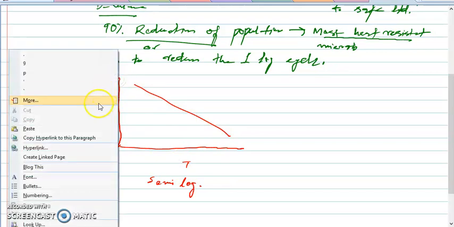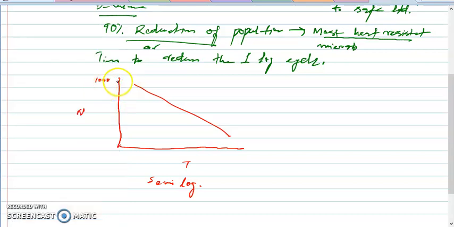This axis represents the log scale, and this is the normal scale, time 10, 15, 20, and so on.